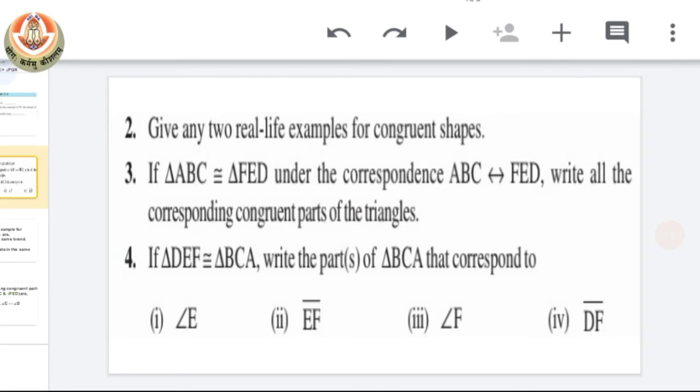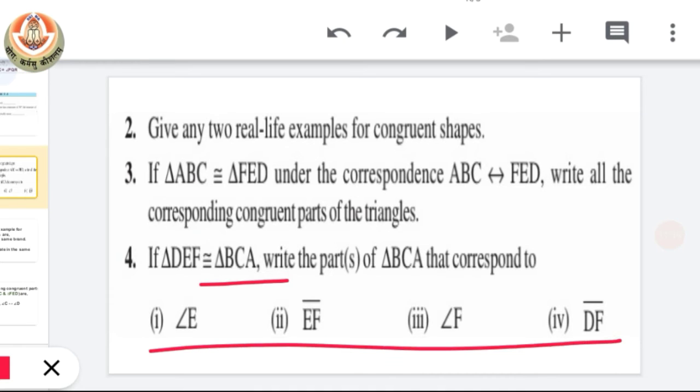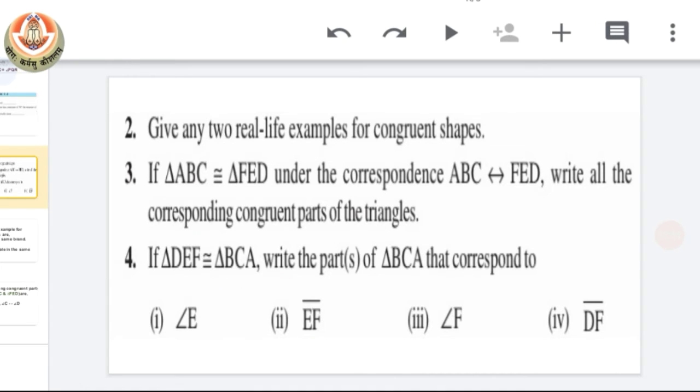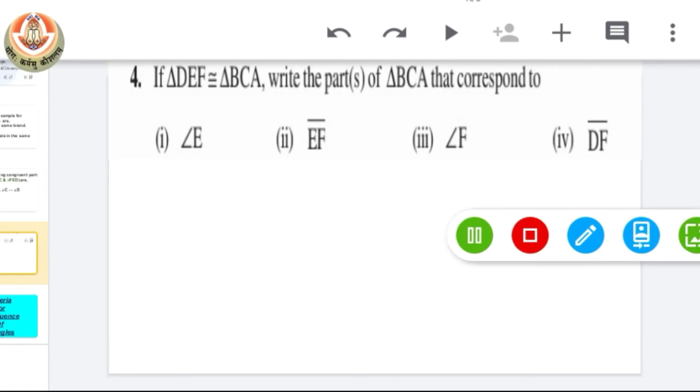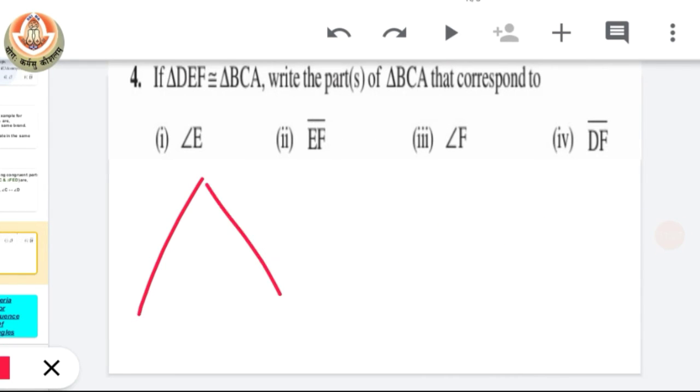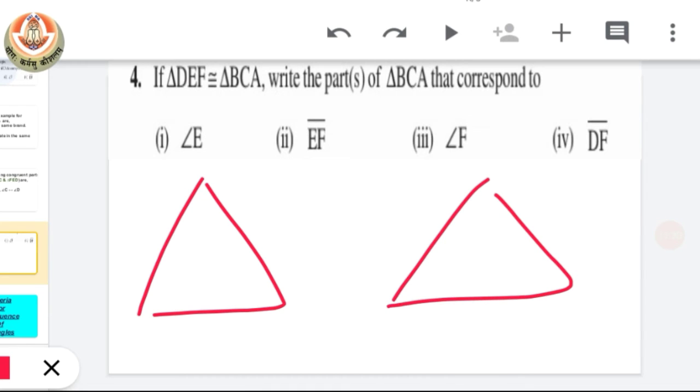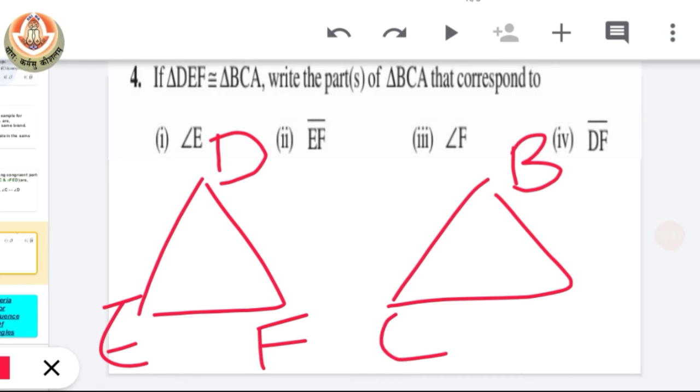Now, exactly like the third question, we have question number 4, in which two triangles are given, triangle DEF, which is congruent to triangle BCA, and you have to write which part of BCA corresponds to the given parts of DEF. So let's see how to solve it. For example, we have two triangles, DEF, which is congruent to BCA.